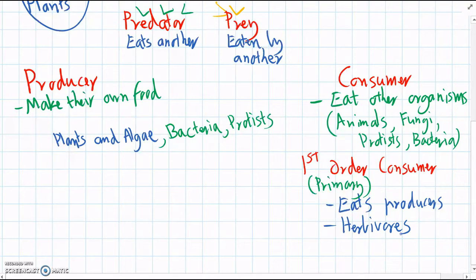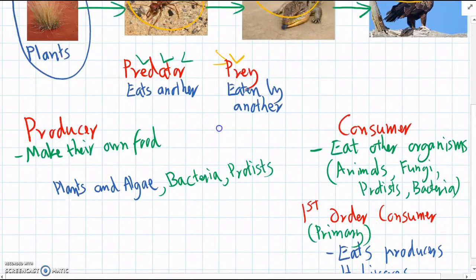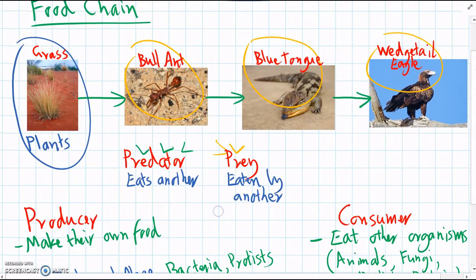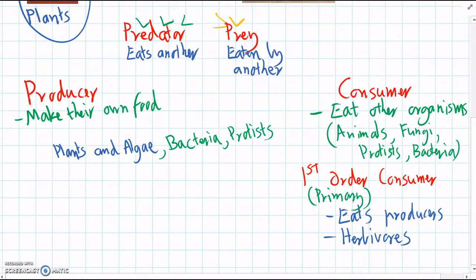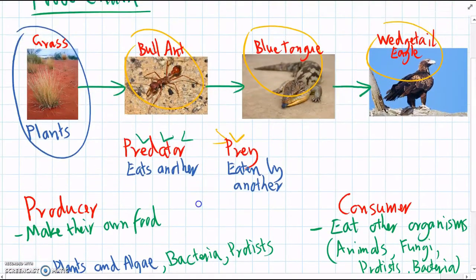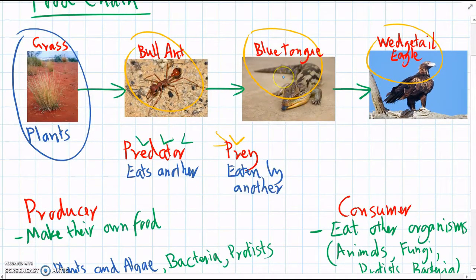So we have things like kangaroos, wombats, our example here, bull ants, and lots of other insects. They're all first order consumers. If we look at the next animal along, this is the consumer that eats the first order consumer.